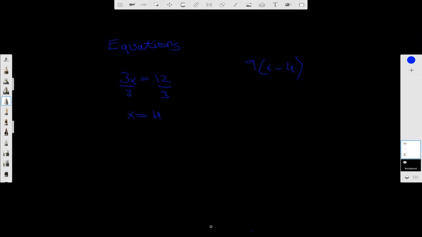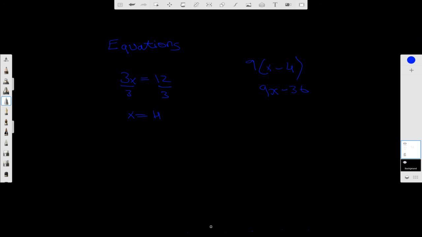That would be considered an expression because it's not equal to anything. With this, we just simplify. So we get 9x minus 36, because you do 9 times x and then 9 times 4.